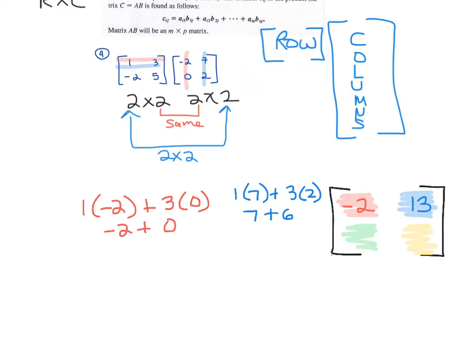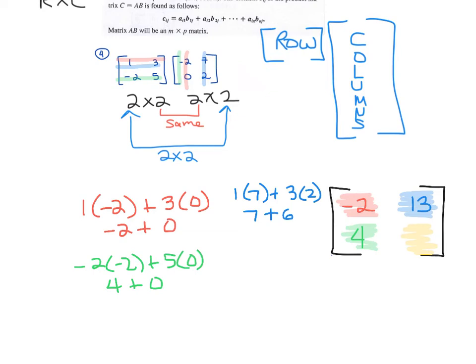Now to get row 2, I'm going to multiply row 2 first by column 1. So -2 times -2 plus 5 times 0. 4 plus 0, and I get 4.